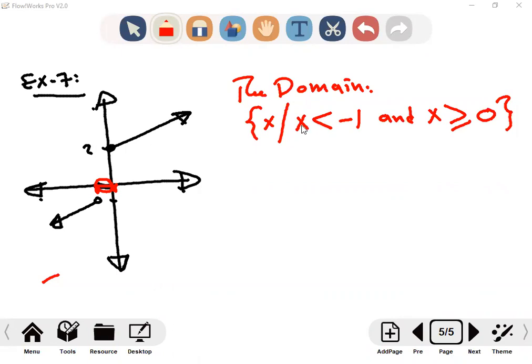That's why here I said x less than -1, not x less than or equal to -1. There is no equal. But at the 0, up we have a closed circle, right? Closed circle, yes. That's why I put equal here. Got it?